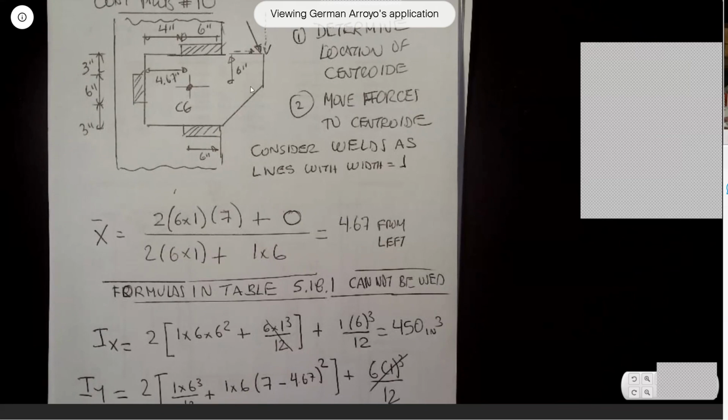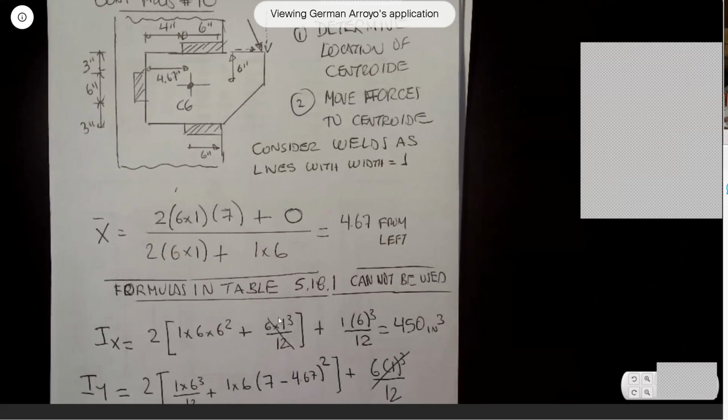Plus the moment of inertia about its own axis, 6 times 1 cubed over 12. I throw this away; every time 1 is cubed, I'm going to throw it away. Plus this one, about this axis, which is the same, 1 times 6 cubed over 12. So the moment of inertia about the x-axis is 450.